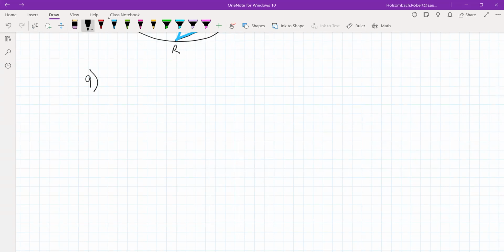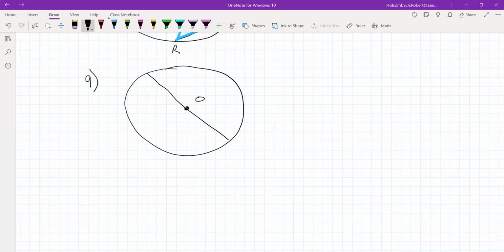And number 9, another circle O. Circle O has a diameter that runs through it from A to C. And then we're going from O to B, which is on the circle.